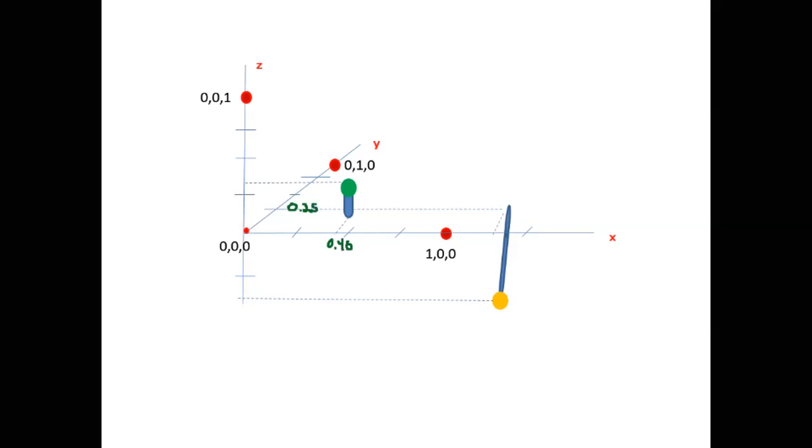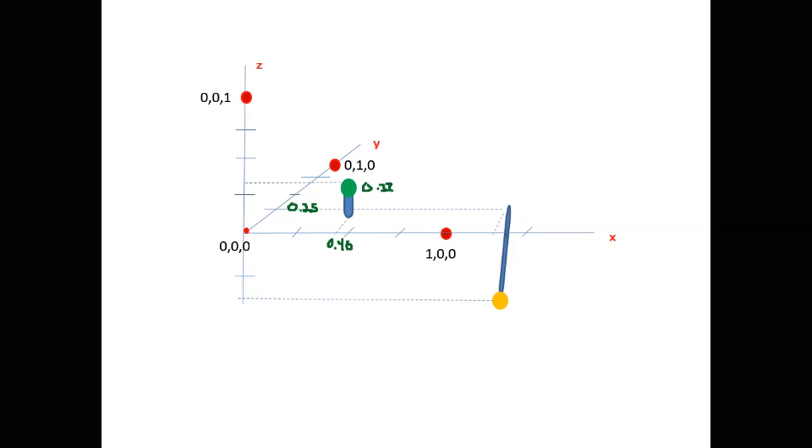And then z was 0.33. And so that green circle represents those 3 coordinates. Now it's kind of hard to illustrate 3 dimensions on 2 dimensions, but the blue part here represents that we're going up out of the xy plane along the z-axis.